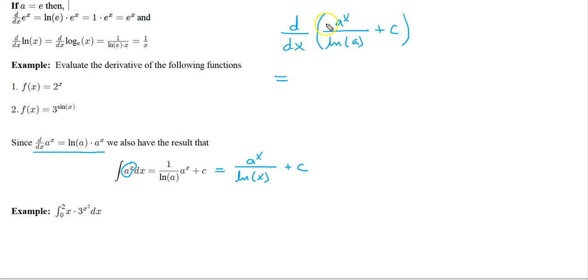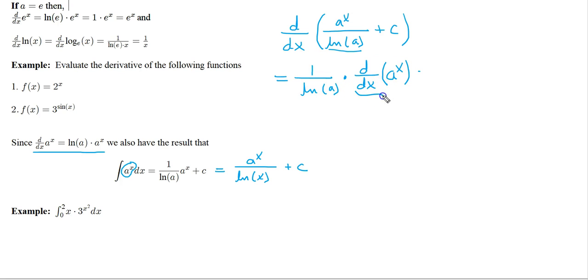Also note that 1 over ln of a is just a constant number, so I can move it in front of the d dx, and we get this. So there, I just move the ln of a outside in front of the d dx, like this.